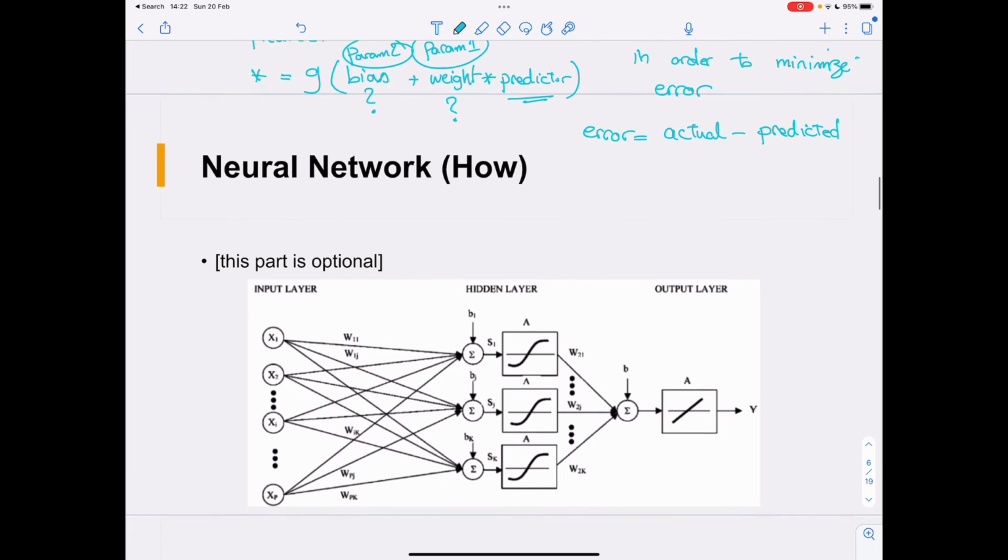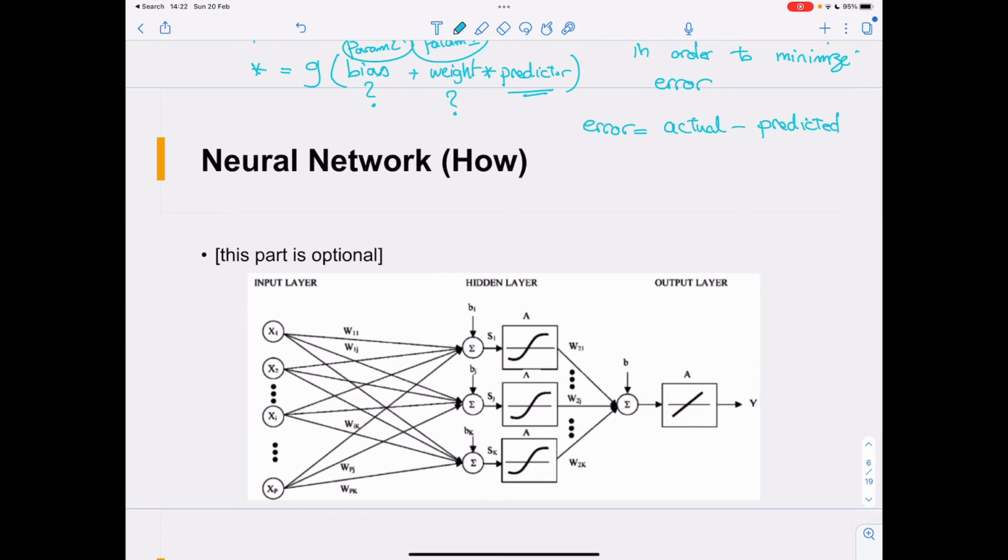And this is a general form. So we can see the input layer, hidden layer, and output layer. So instead of one node in the input layer, we now have P nodes, 1, 2, 3, like this is i and this is P. We have P predictors. Here we have, let's say, 1, 2, up to K nodes in the hidden layer.